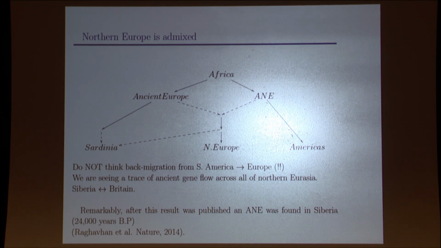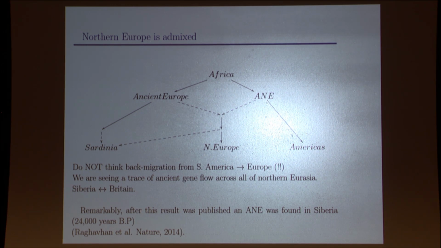If I did think that, you should probably call an ambulance. But here's what is happening, which we figured out in the 2012 paper. There's a population which we call a ghost population, because we're confident it existed, but it doesn't exist now, and it's simply been inferred from the modern data.